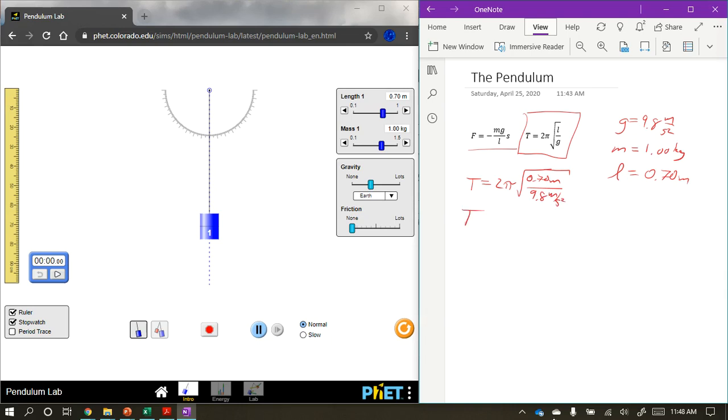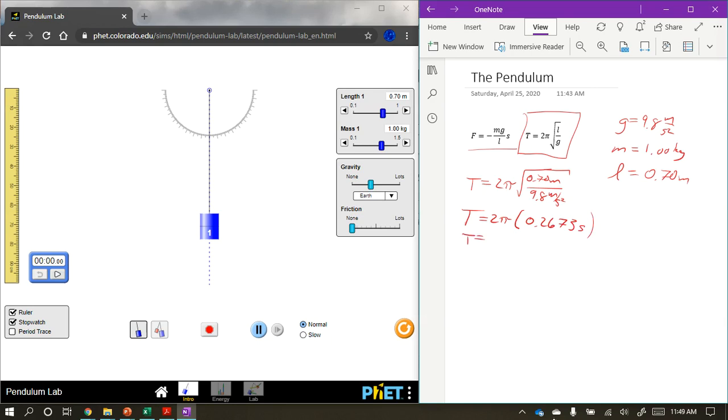So I'm pulling out my calculator so I can calculate this. There it is. So I have the square root of 0.7 divided by 9.8, which means that is 2 pi times 0.2673, and that'll be seconds.